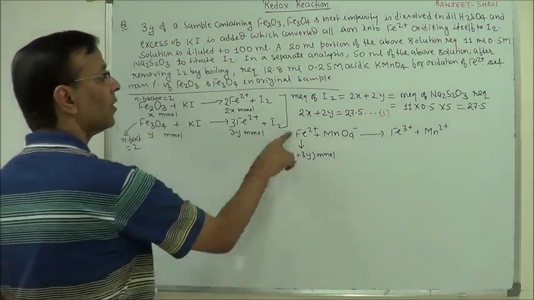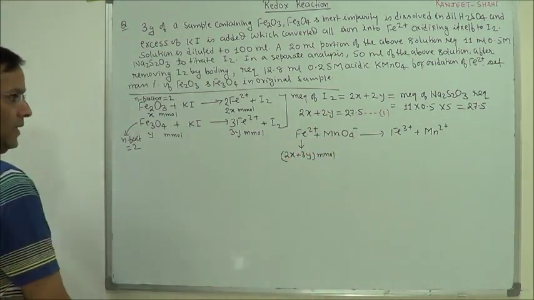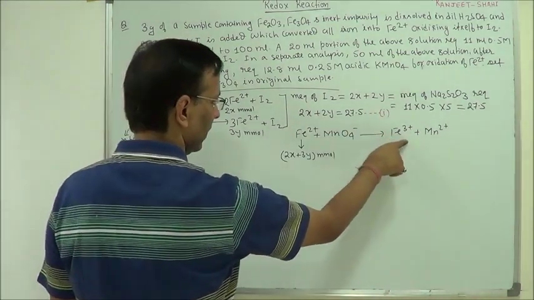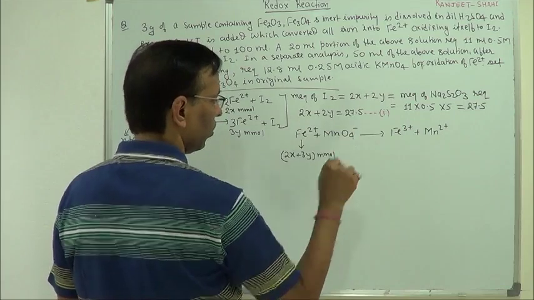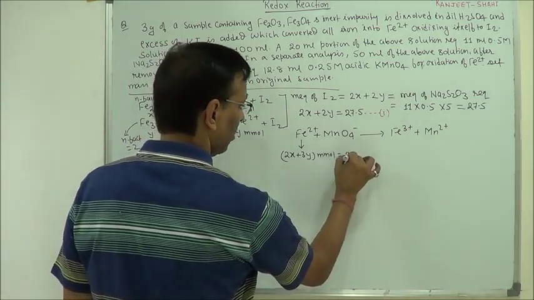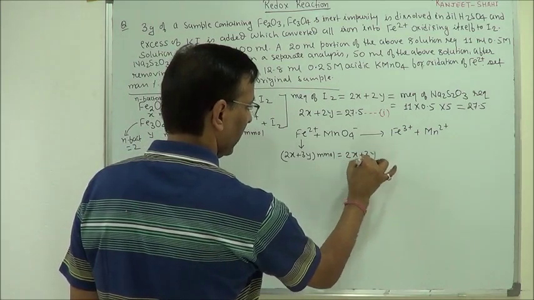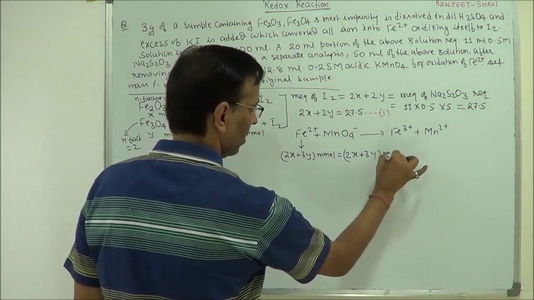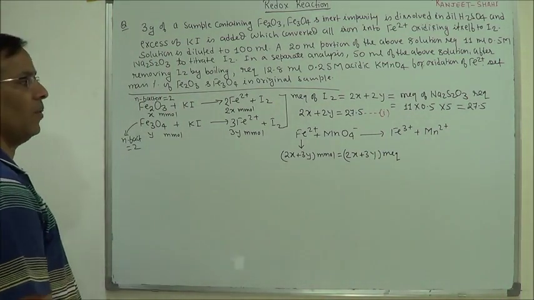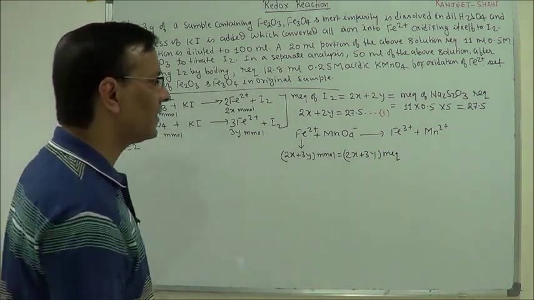But this millimole will also be milliequivalent of ferrous ion, because the N factor of ferrous ion is 1. So it is 2x plus 3y milliequivalent, and that will be equal to milliequivalent of permanganate.